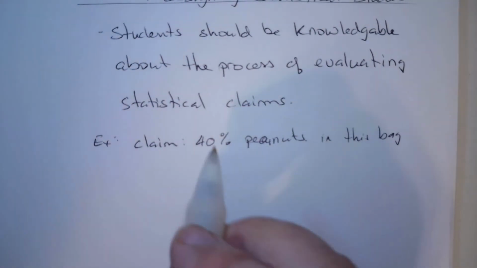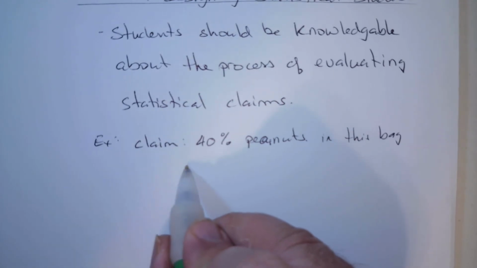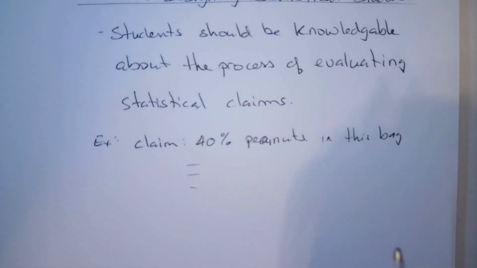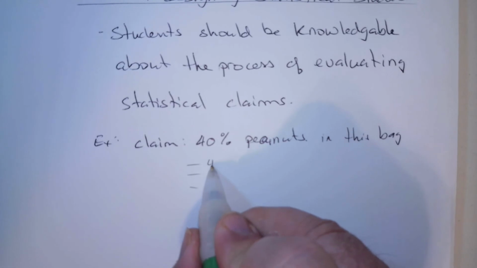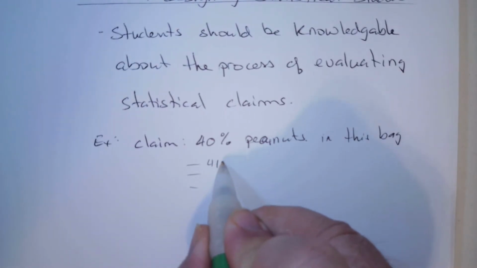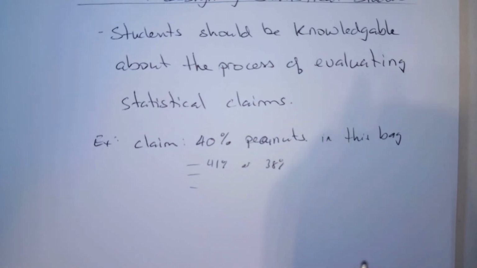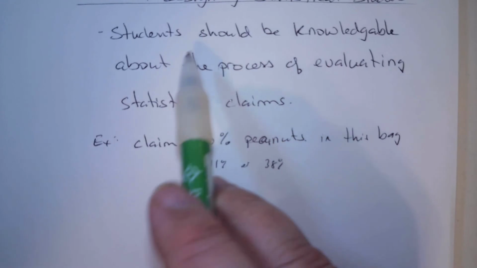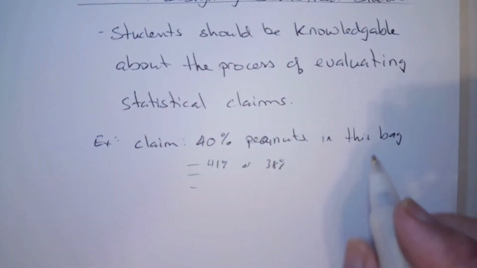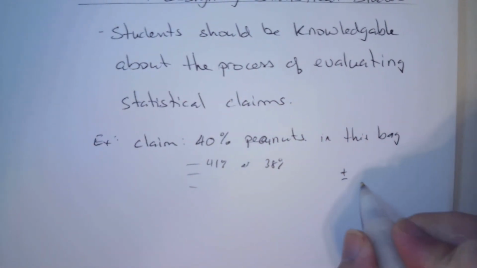So the students open the bag and count how many peanuts, how many other things are in there, and they find out that this only has 41% or 38%. Then they make the claim that they're lying. No. There's a margin of error.